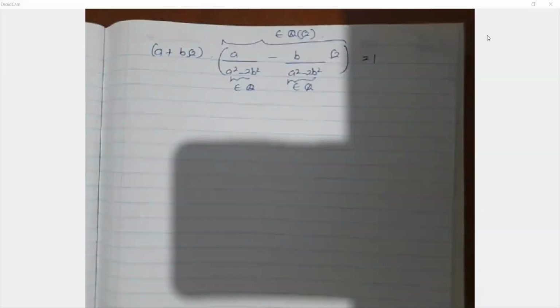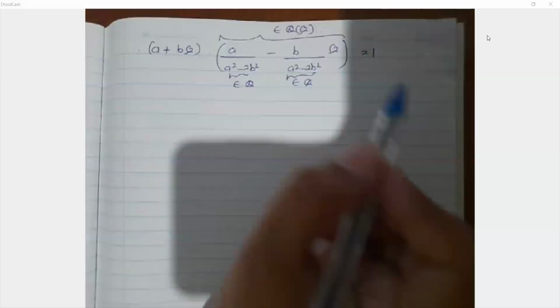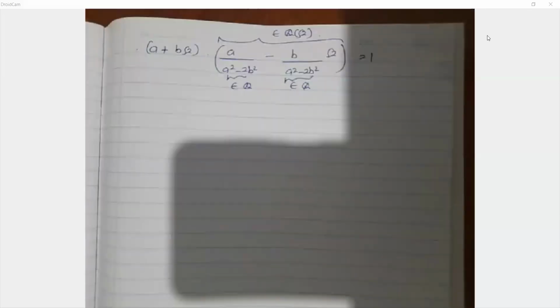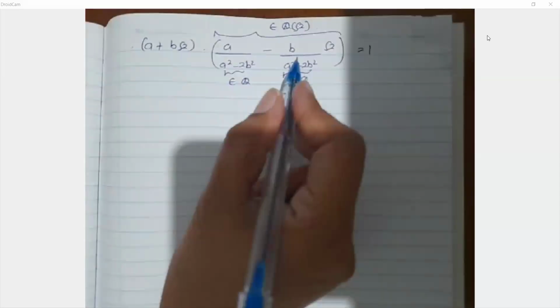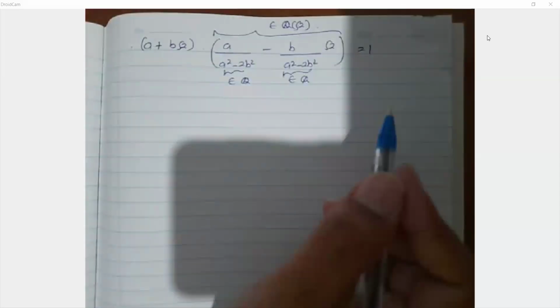So now for any non-zero element a plus b root 2 that you take from this ring, you have another element in the same ring where when you take the product of the two, you end up with 1. What does it mean? By definition, this number is the multiplicative inverse of a plus b root 2, right?